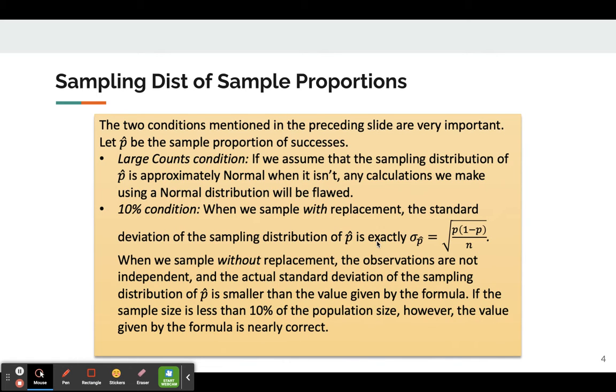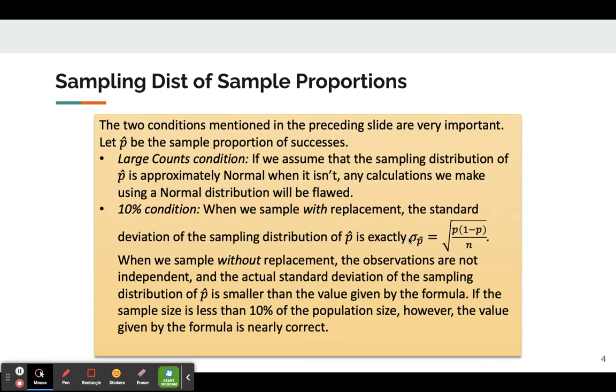The two conditions mentioned in the previous slide are very important. Let p hat be the sample proportion of successes. The large counts condition: we assume that the sampling distribution of p hat is approximately normal, and when it isn't, any calculation we make using a normal distribution will be flawed. And the 10% condition: when we sample with replacement, the standard deviation of the sampling distribution of p hat is exactly equal to this formula right here.